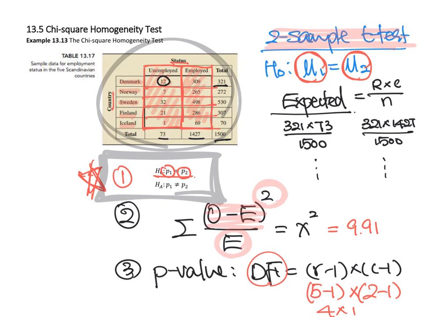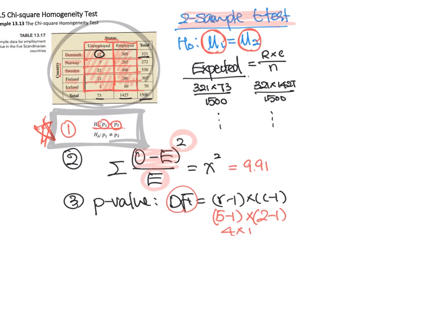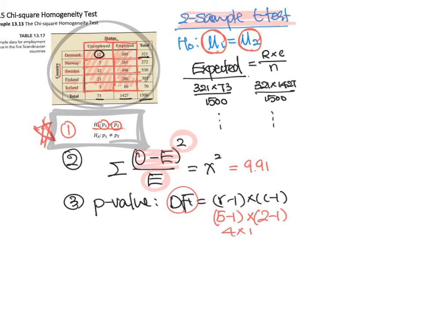With the test statistic 9.91, we need the right tail p-value with degree of freedom 4.